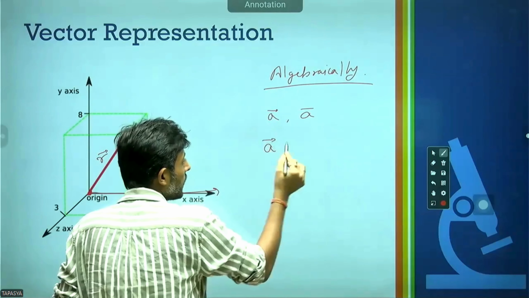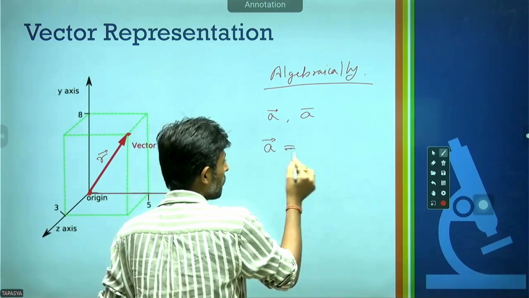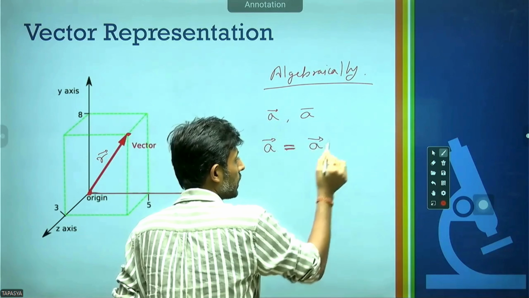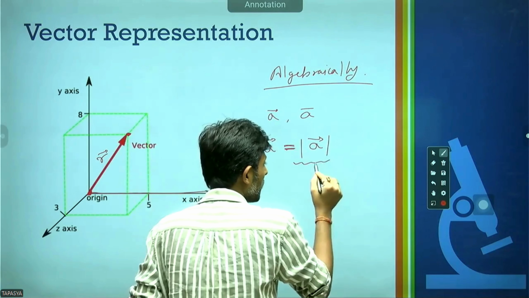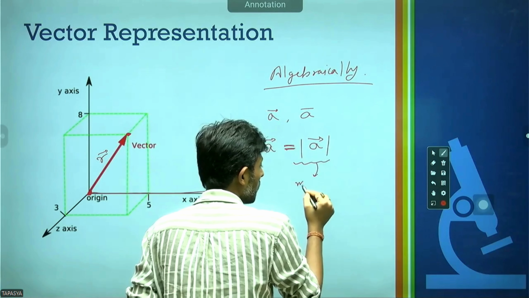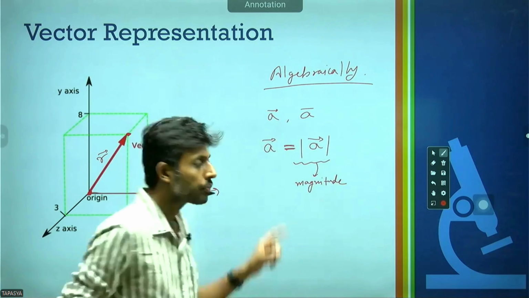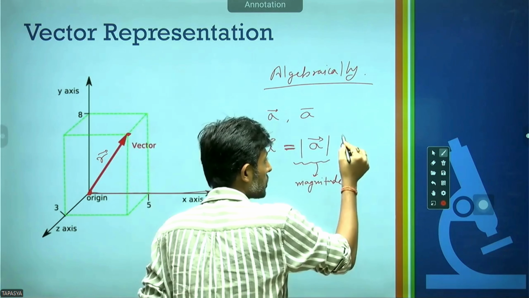A vector actually contains two types of information. One is, what is the magnitude of the vector? So the modulus of a vector, this thing is the magnitude, okay? And it also contains the information about the direction.